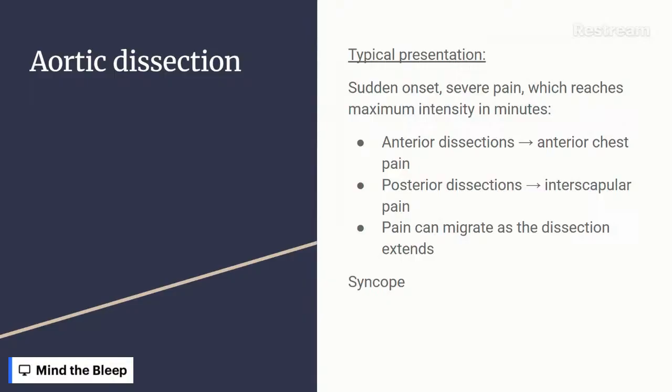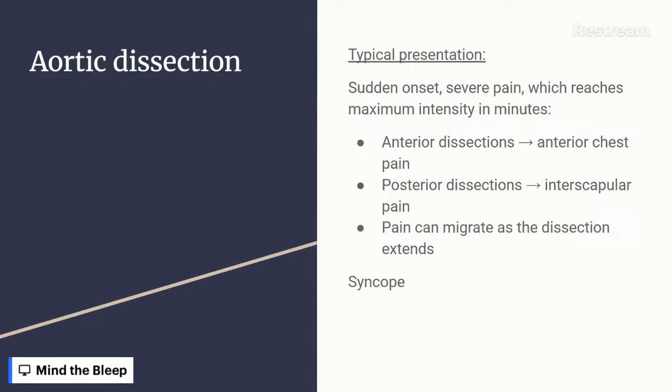It often does radiate to the back or to the chest, but that kind of depends on where the dissection or the tear is. So anterior dissections will present typically with anterior chest pain. Posterior dissections typically with interscapular pain, so in between the shoulder blades. And the pain, of course, can migrate as the dissection extends. So the further the dissection goes, the further down the pain goes.